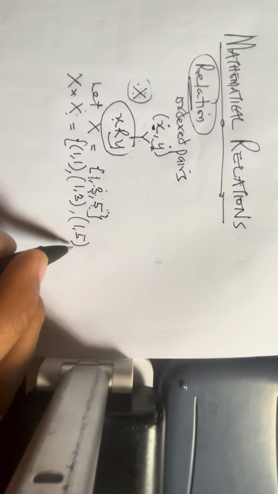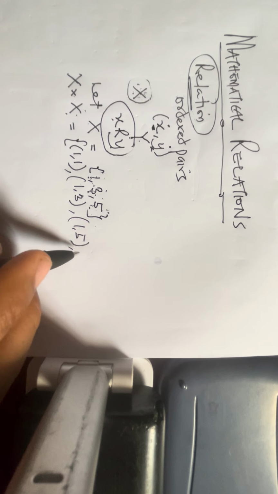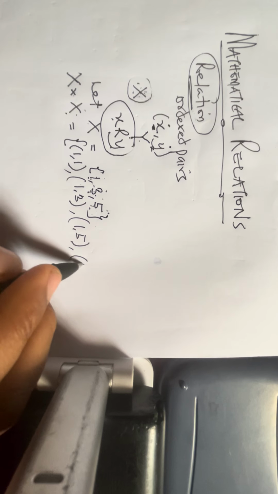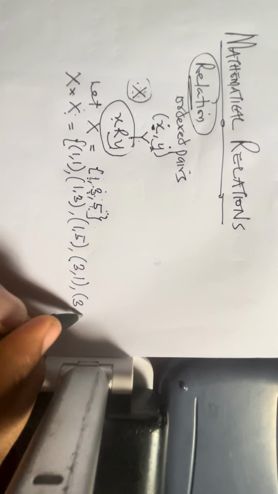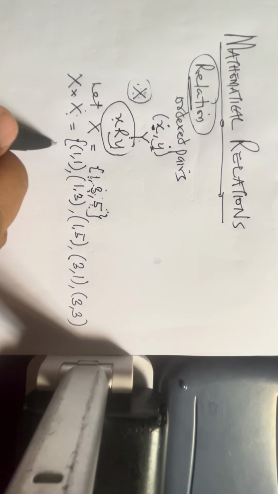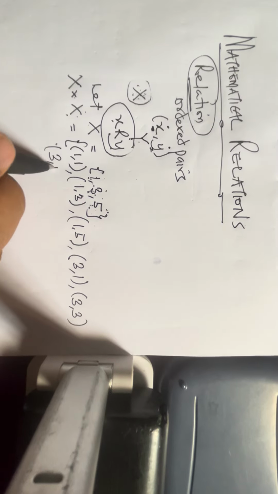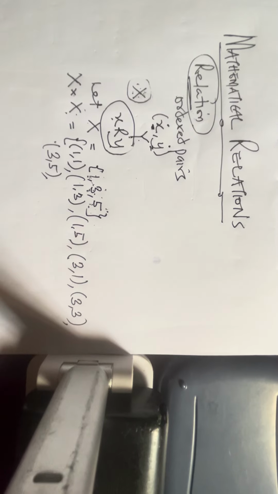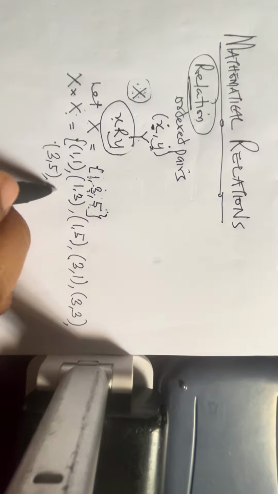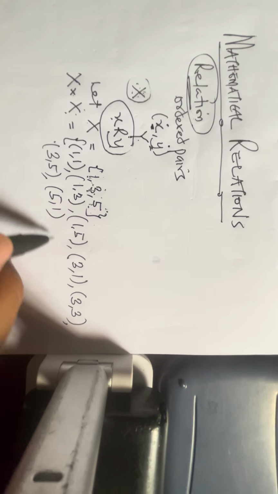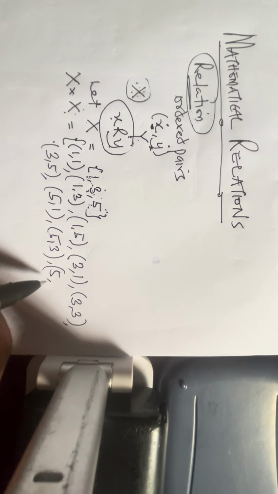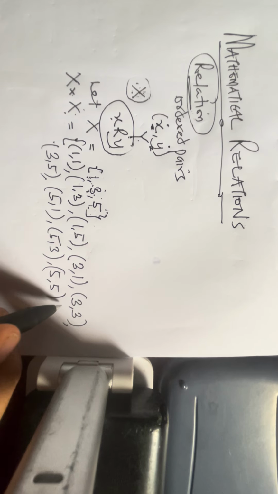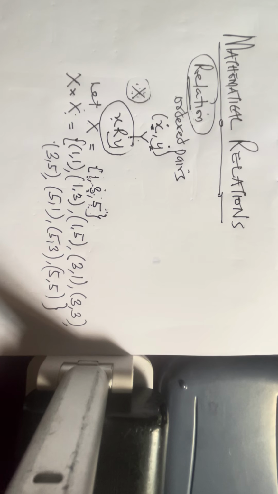Let's go to 3, still in the same set. We say 3 comma 1, 3 comma 3, then 3 comma 5. Ensure you separate them with commas. Then you go to 5. You say 5 comma 1, 5 comma 3, then 5 comma 5. Then you close the set.